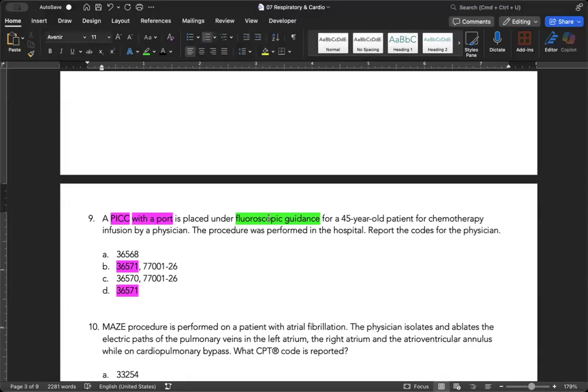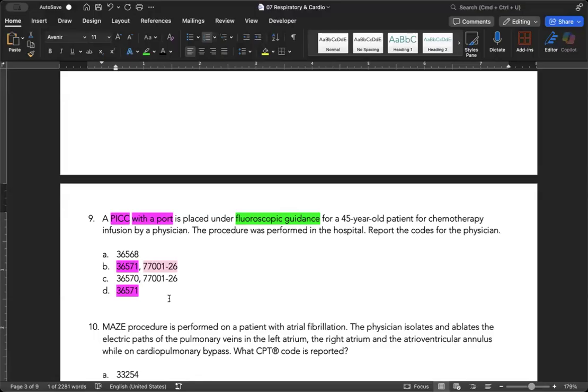And then let's see, I'm skimming through the guidelines here real quick just to make sure. Yep, there's not anything in the guidelines saying either way. So from a testing perspective, we already know that we need to use it. But if we're in the real world or coding from scratch, we're going to go to fluoroscopy, because that's our fluoroscopic guidance.